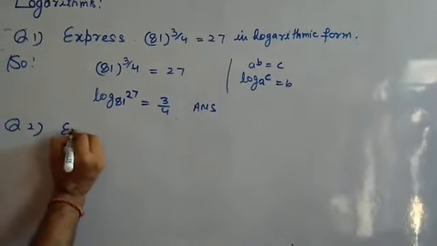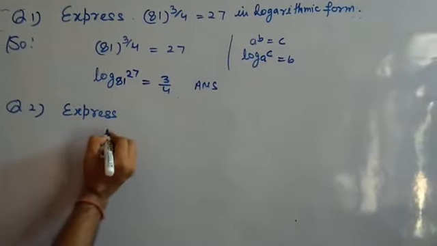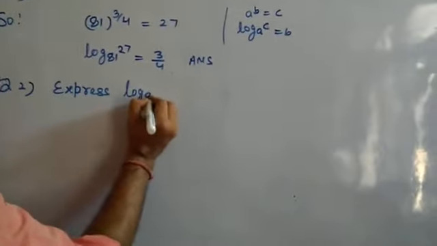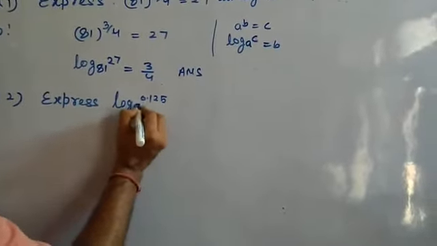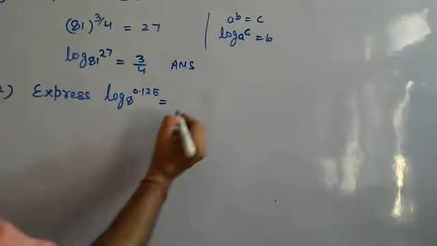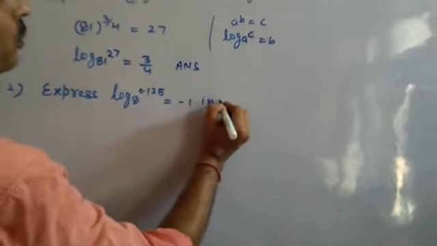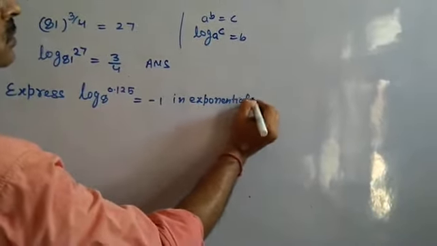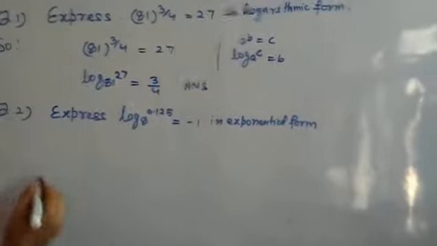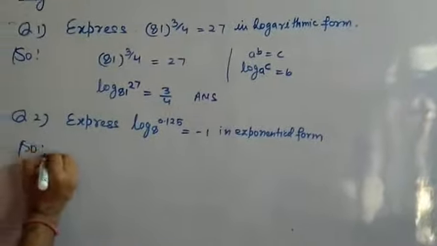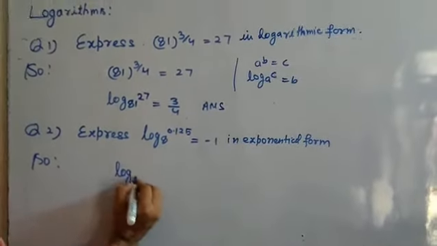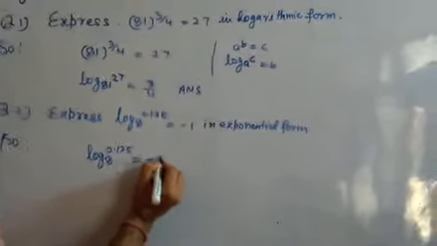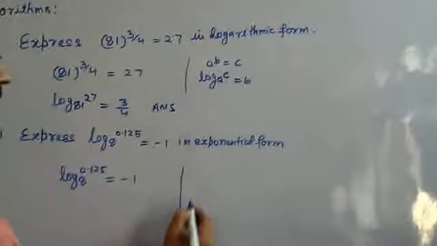Now question 2. Express log 0.125 at base 8 equals -1 in exponential form. Solution: log 0.125 at base 8 equals -1.